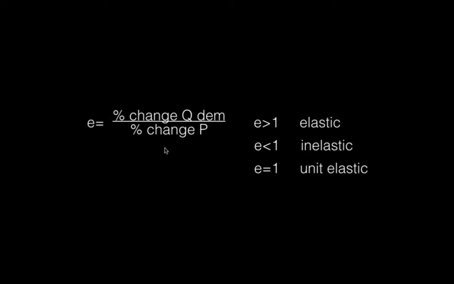But by the way, I should mention if we do the change, this ratio is going to end up being negative because the quantity and price move in opposite directions, but it's standard to just use the absolute value and just call it a positive number. Because when we're talking about demand elasticity, it's implied that we're talking about a downward sloping demand curve, which we know is going to be negative, and so we can just leave out the negative sign.